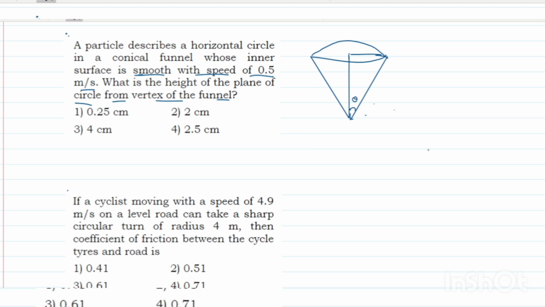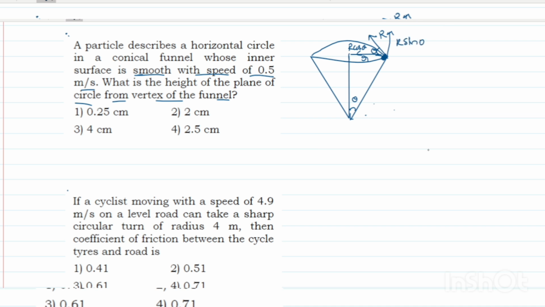Suppose the particle is at this point. The normal reaction is going to act like this. This is the reaction force, this is the radius, and this angle is theta. Now you resolve this: this side will be r cos theta, and perpendicular to this will be r sin theta.